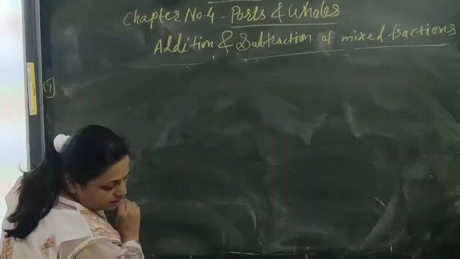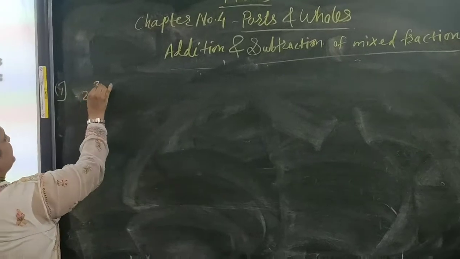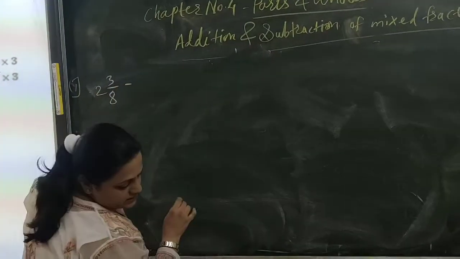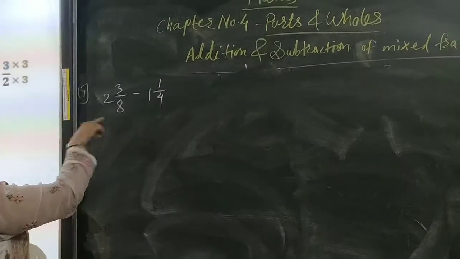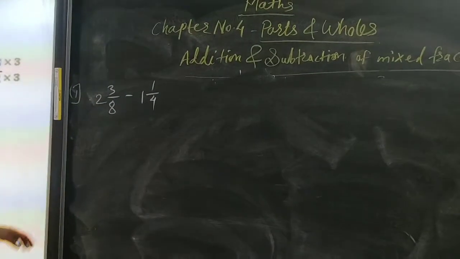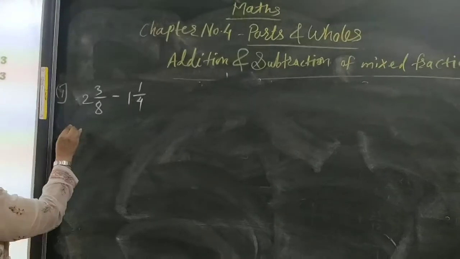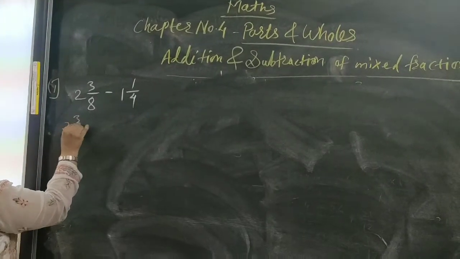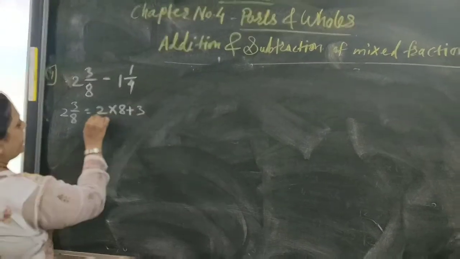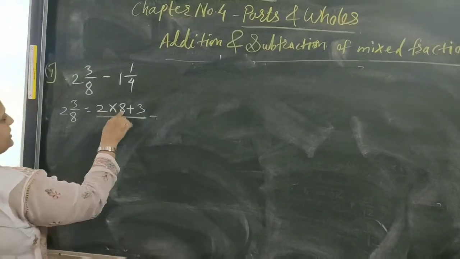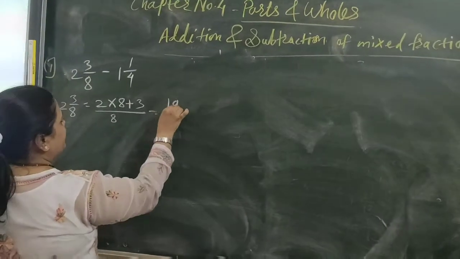Here 2 3 by 8 minus 1 1 by 4. So first convert the mixed fraction into an improper fraction. Method is same. 2 3 by 8 is equal to whole number multiplied by denominator, add numerator. So 2 8s are 16, 16 plus 3, 19 by 8.